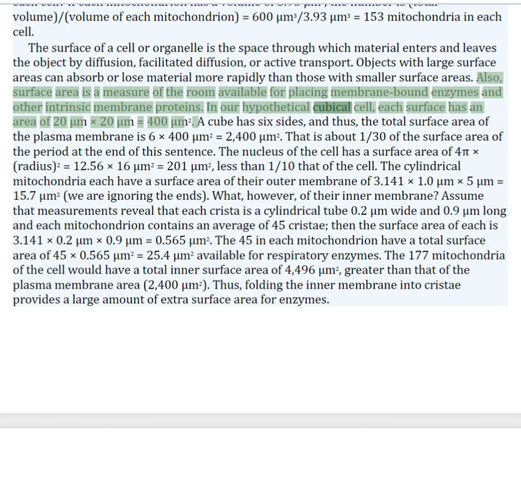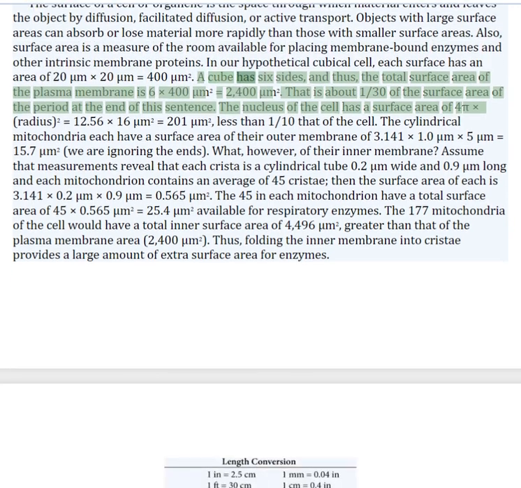In our hypothetical cubical cell, each surface has an area of 20 micrometers × 20 micrometers equals 400 micrometers squared. A cube has 6 sides, and thus, the total surface area of the plasma membrane is 400 micrometers squared × 6 equals 2,400 micrometers squared. That is about 1/30 of the surface area of the period at the end of this sentence.